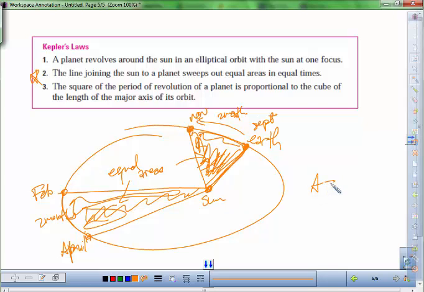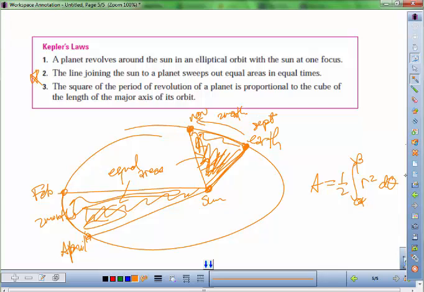Just if I were to give you a pop quiz. 1/2 r squared d theta, an integral from alpha to beta. Right? So different time segments should give you the same value as long as the times that you're taking are the same. Okay?